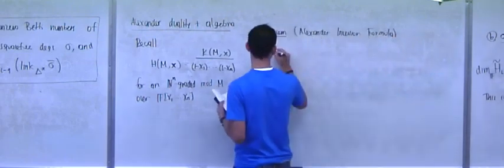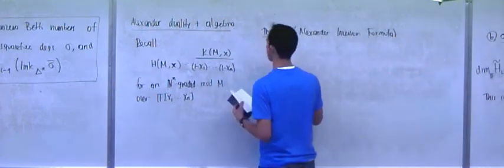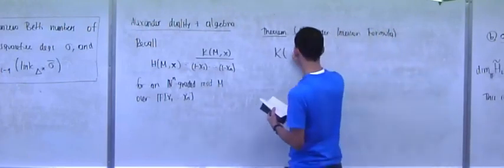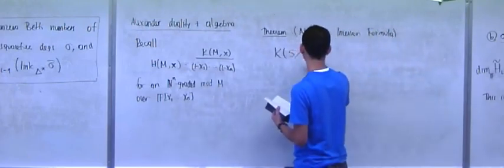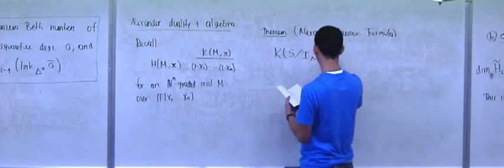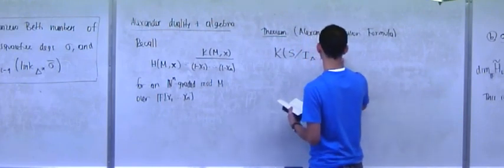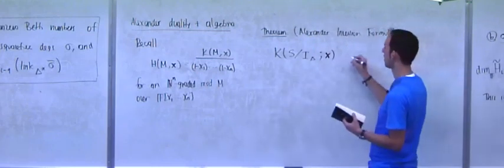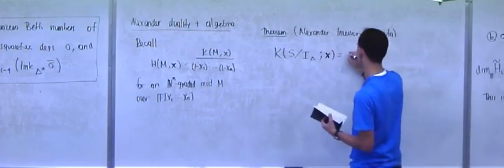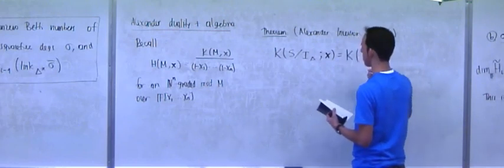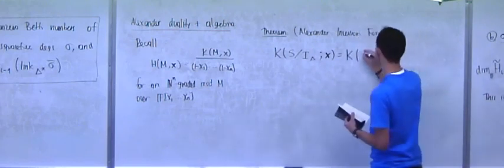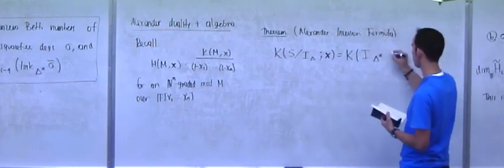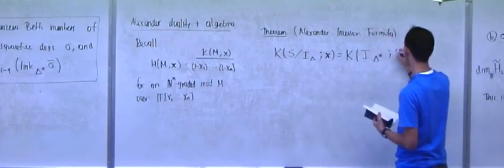So what it says is that if you do this for the Stanley-Reisner ring of delta, to compute this K polynomial, you're basically also computing the one of the dual, except that you're computing it somewhere different. You're computing it at 1 minus x.